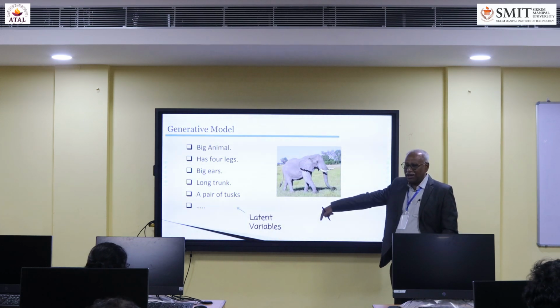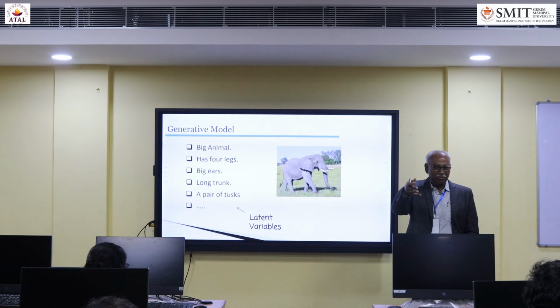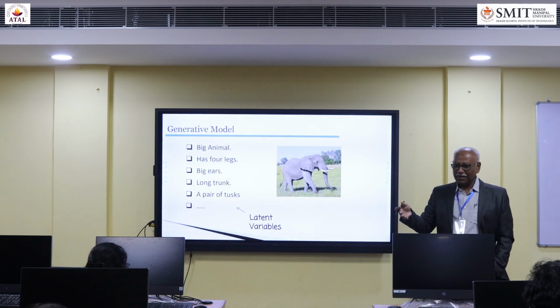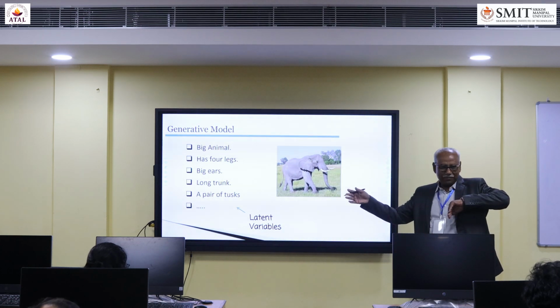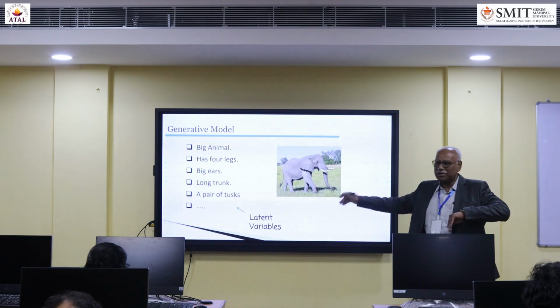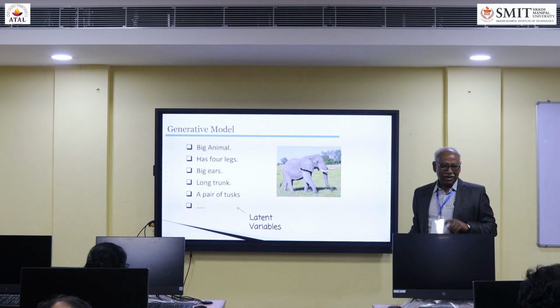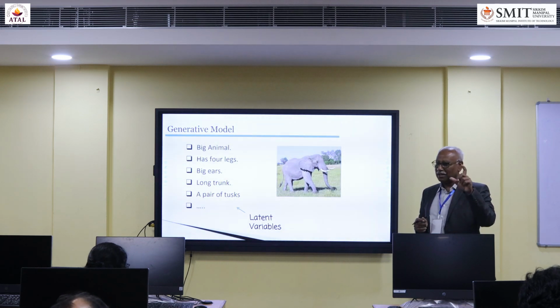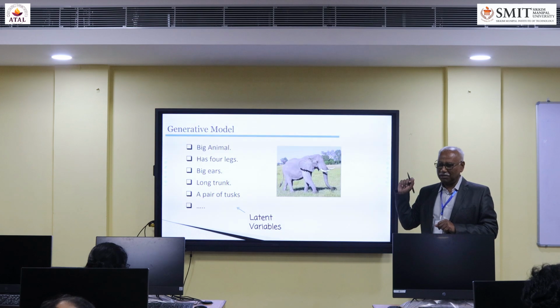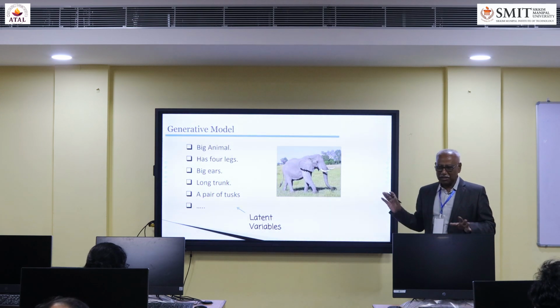These are what are called latent variables. Earlier we said features, feature vectors. The moment you move from machine learning to deep learning, it is just a change of term, nothing else. Now the features are called latent variables, and the feature vector is called the latent vector. That is the only difference.